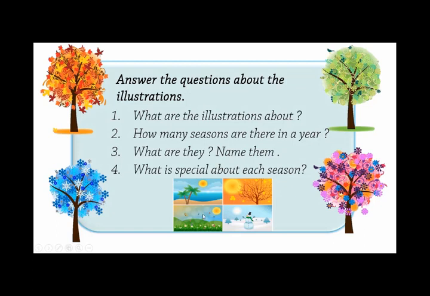What about spring? What's special about spring? I see butterflies and flowers blooming. That's very beautiful. And in winter, we can make a snowman. The weather gets very cold, and we can play on the snow. That's very nice. Let's move on together.